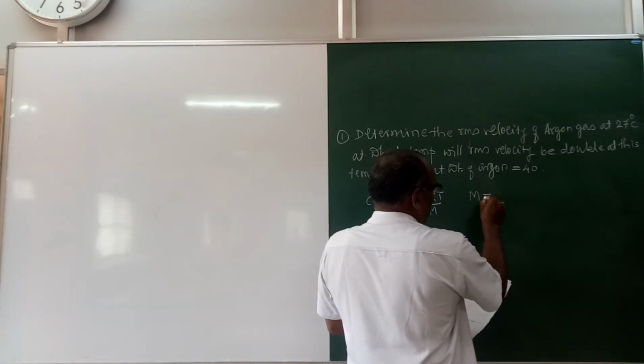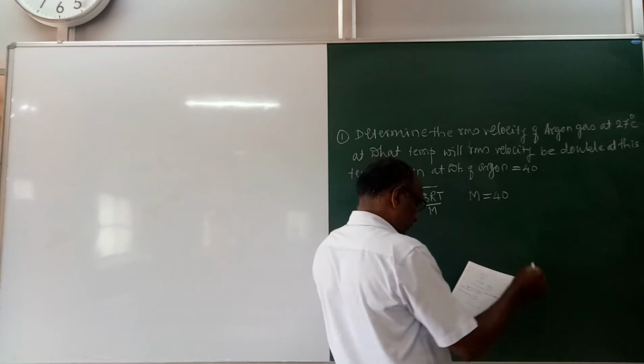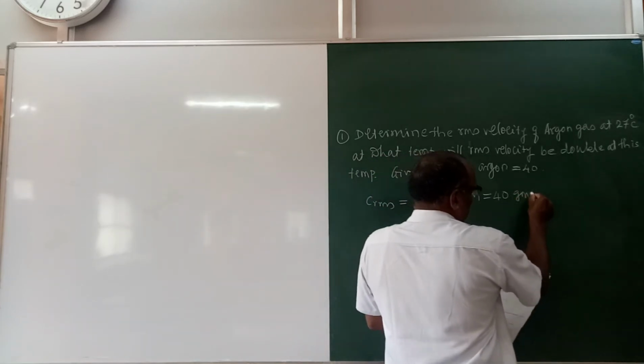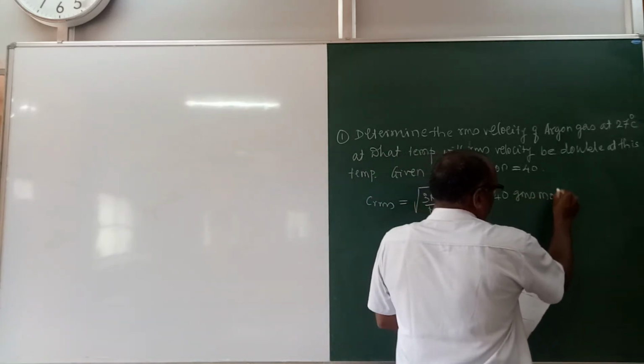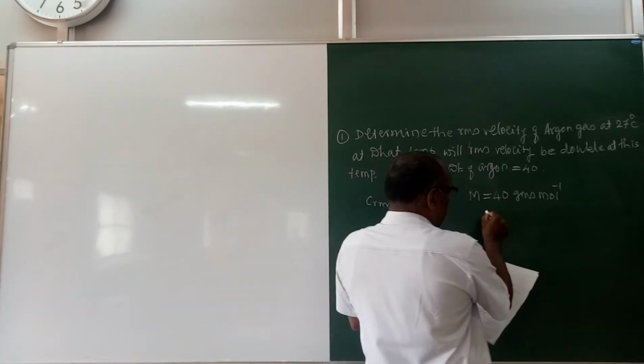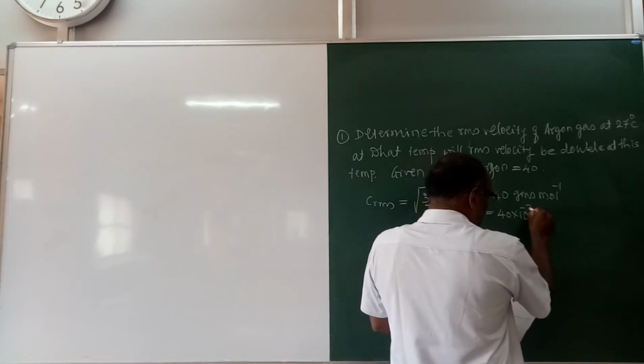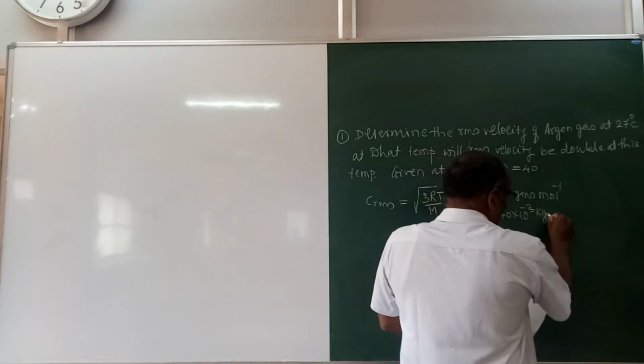M is given, that is 40 grams per mole. That we can convert into kg, that is 40 into 10 raised to minus 3 kg per mole.